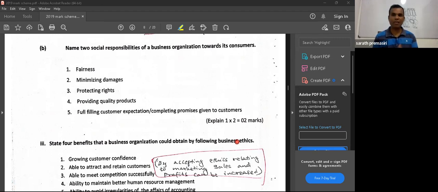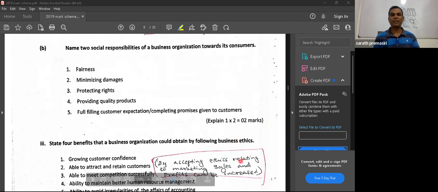There are a number of ethics to be practiced by businessmen. Ethics with regard to marketing, ethics with regard to financing, ethics with regard to human resource management, ethics with regard to production or operation. These are the ethical practices that you have to consider in business studies.